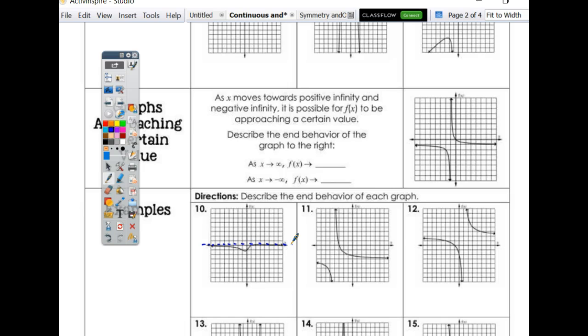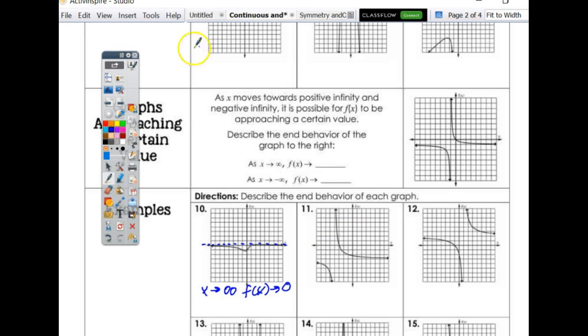And if I was going to do end behavior, what do you write? As x approaches infinity, f of x approaches, and what's it approaching here? 0. And then you do as x approaches negative infinity, right? Okay, so here's what we're going to talk about today.